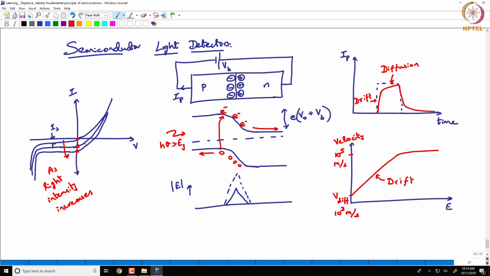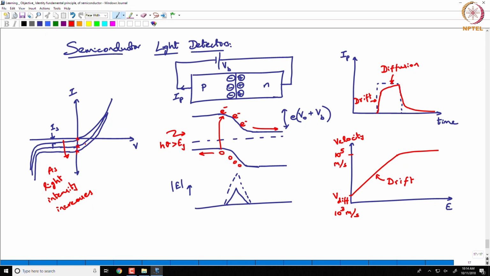And this is actually a very important point to note. A lot of people tend to get confused about the role of the reverse bias. Okay. They tend to think that as you go to higher reverse bias, you get more current, photocurrent out of the photodiode. Okay. That is a common misconception.